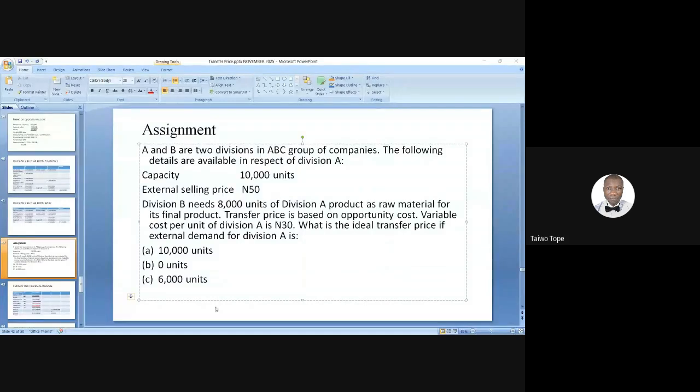If I don't see it here, I will search for it and drop it on the WhatsApp platform. It's very similar to the one we've solved. You read and apply that same approach.